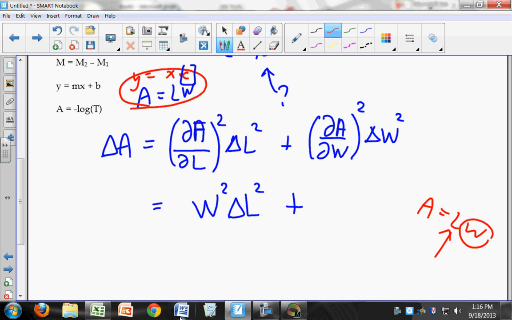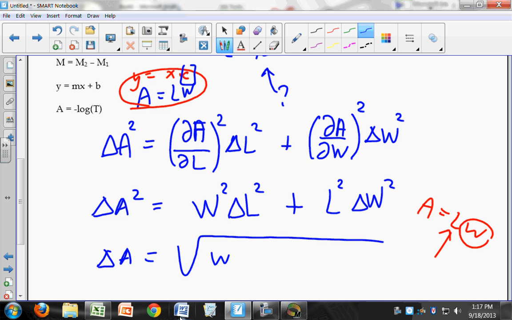It's just L. So this is going to be L squared delta W squared. So that's your delta A squared. So how do I get delta A? It's the square root of W squared delta L squared plus L squared delta W squared.